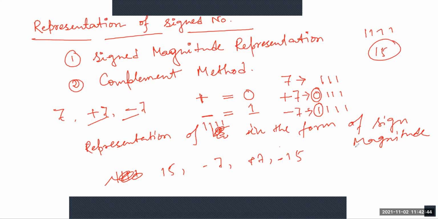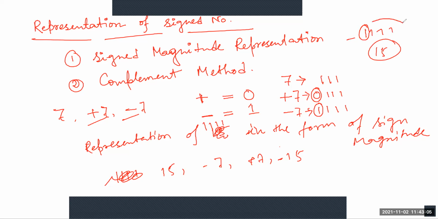So if 1 1 1 1 is given in your question in the form of sign magnitude, this first digit should be considered as a minus, because minus is denoted by the 1 when it is in the form of sign magnitude.